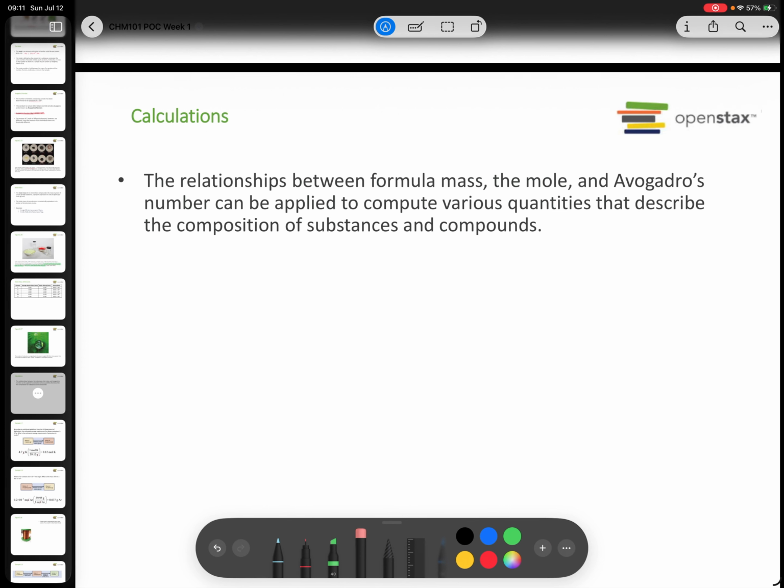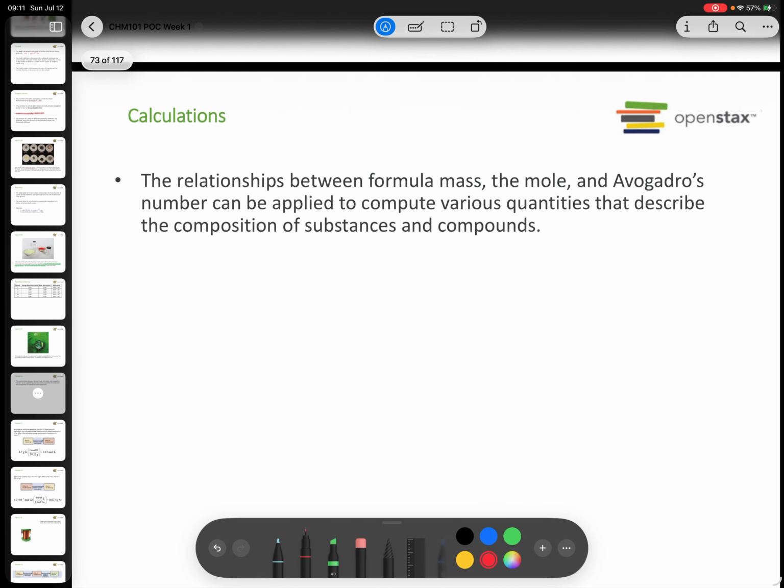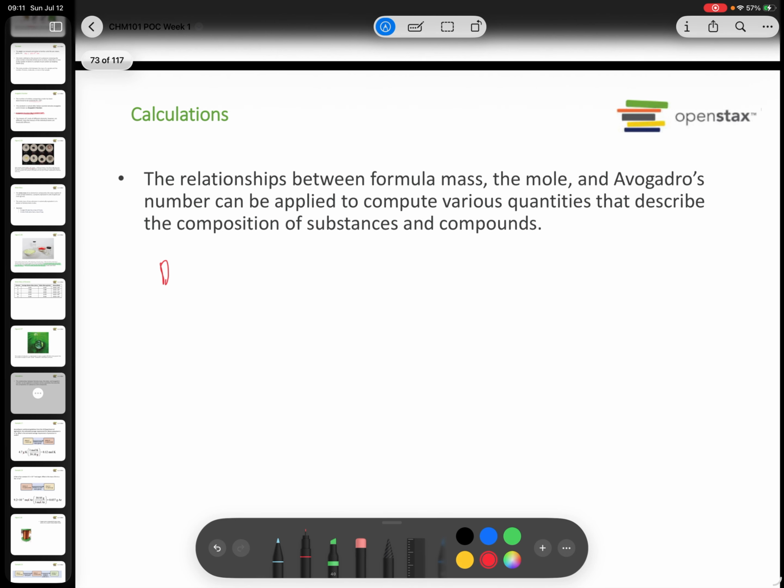So, ngayon, we will apply the relationships among formula mass, molar mass, mole, tsaka Avogadro's number. So, yung basic strategy natin dito is yung tinatawag na dimensional analysis. So, sulat ko na dito, dimensional analysis. We start with a given quantity, then multiply natin sa conversion factor.